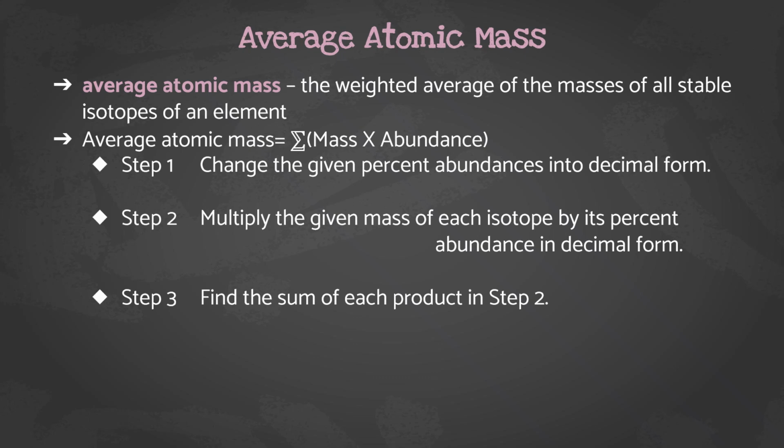Then we multiply the given mass of each isotope by its abundance in decimal form, what we found in step 1. And then finally, we're going to add them all together, so find the sum of all of our products.